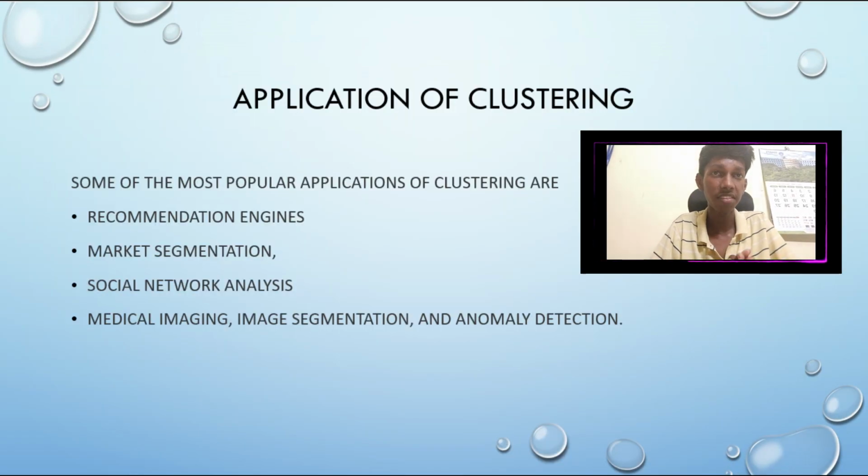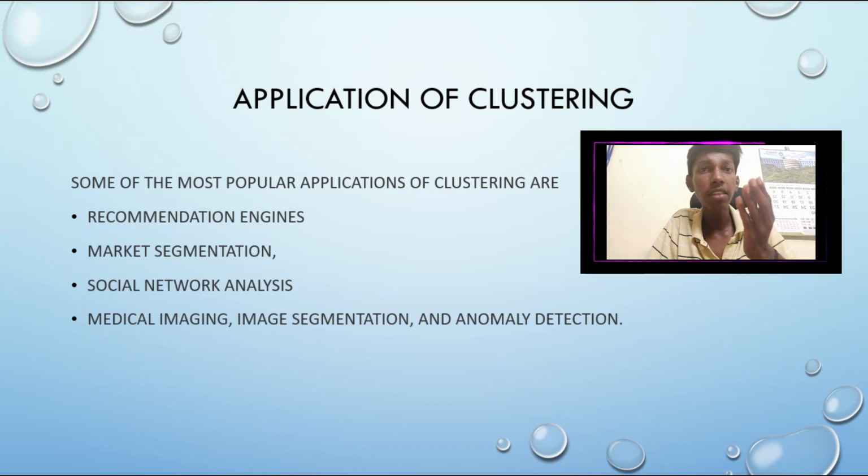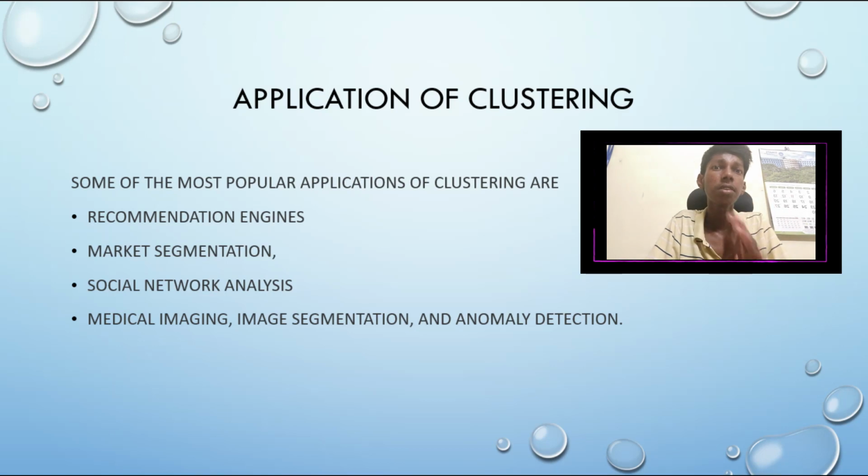Applications of clustering. We use clustering in our day-to-day life, such as recommendation engines. In recommendation engines, clustering helps group similar items to personalize recommendations based on past behavior. Market segmentation. Here, clustering identifies distinct groups of customers with similar traits or behaviors to tailor marketing strategies.